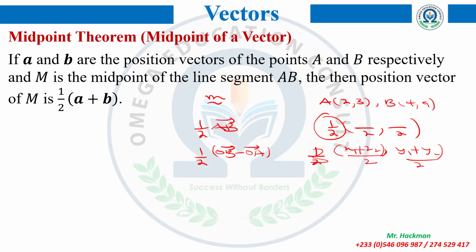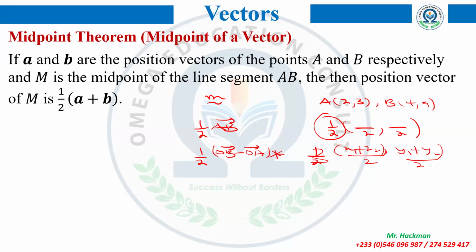If you use the direct meaning of AB in terms of position vectors, it will be wrong, because subtraction is not commutative. I hope you get my point. My point is well made.